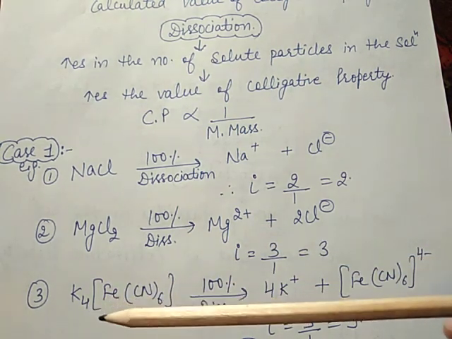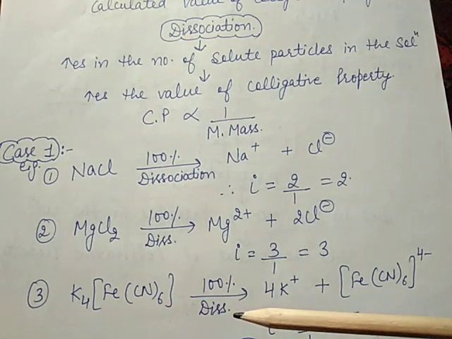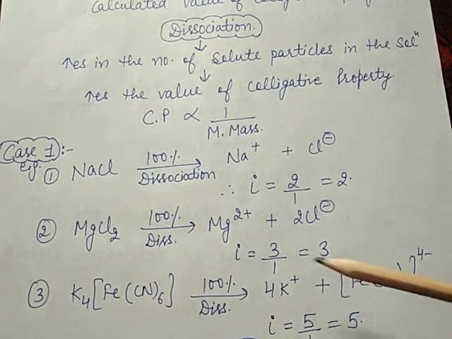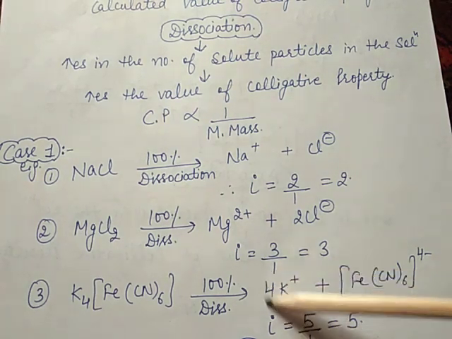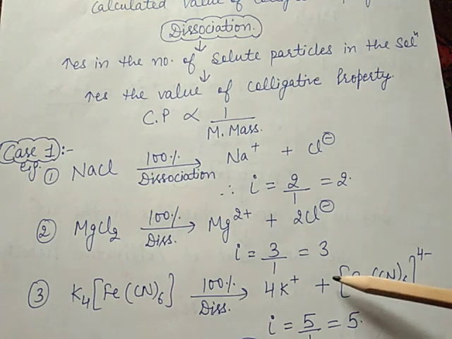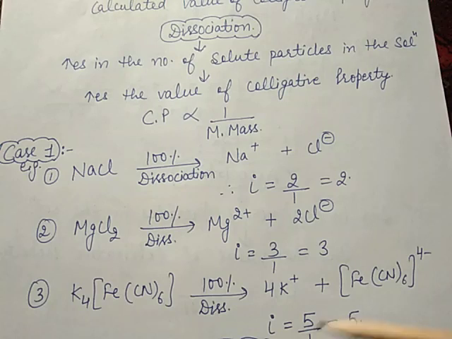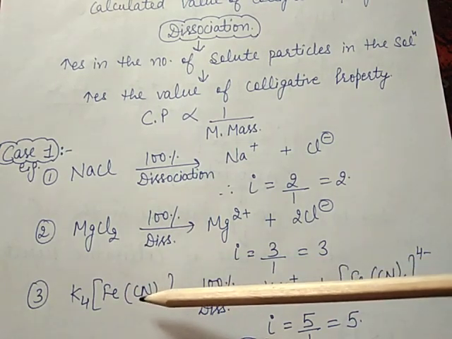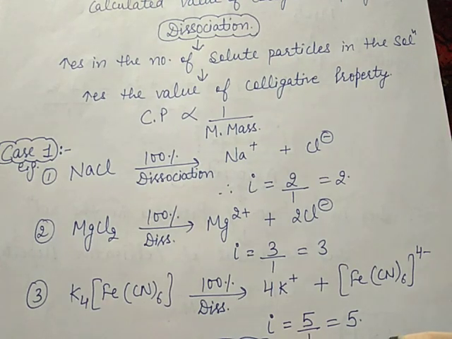In case of potassium ferrocyanide, 100% dissociation, that is 4K+ and Fe(CN)6 4−. It means these are the 4 potassium ions and this is 1 only. 4 plus 1, 5. Iota is equal to 5. Before dissociation how many particles? 1. 5 by 1, that is equal to 5.